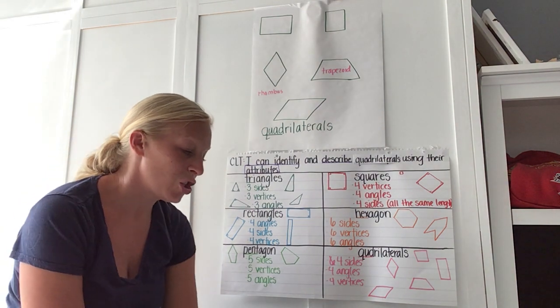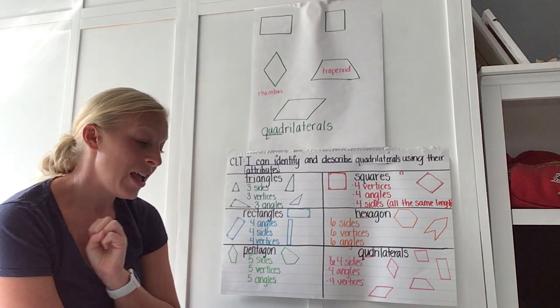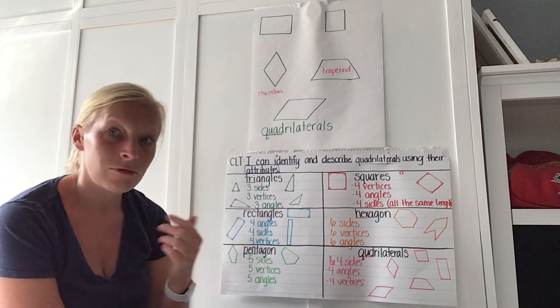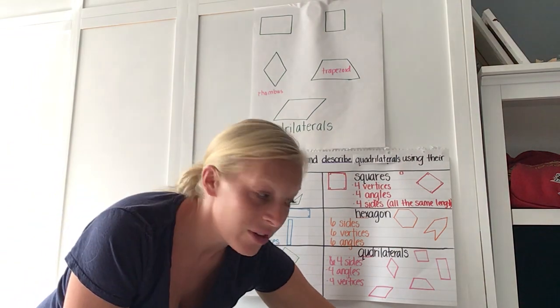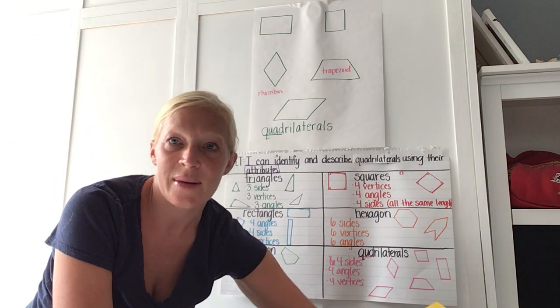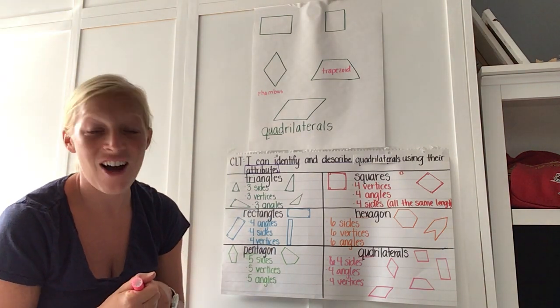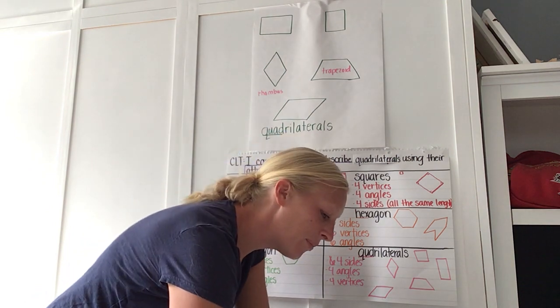Now, I'm going to show you three other shapes, and we want to decide, is it a quadrilateral or isn't it? Are you ready for this? It'll be kind of fun. 3 shapes. Are they a quadrilateral or are they not a quadrilateral?